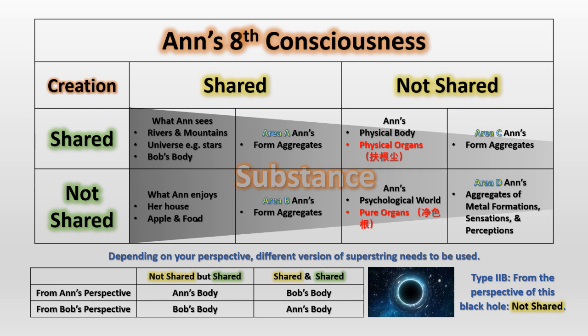This is locality and non-locality existing together, and hence why there are 5 superstrings, as depending on your perspective, a different version of superstring needs to be used. For example, when type 2B is used to calculate a black hole, it is from the perspective of the black hole itself.